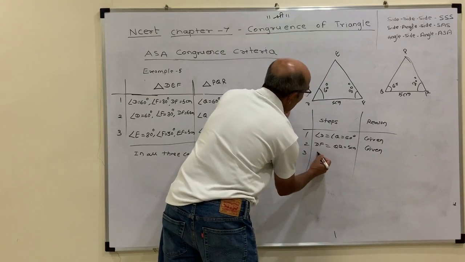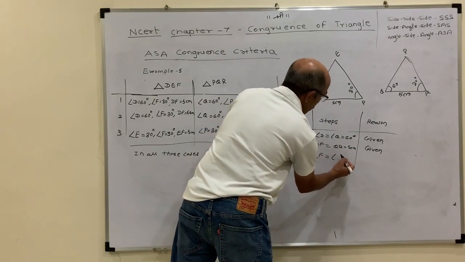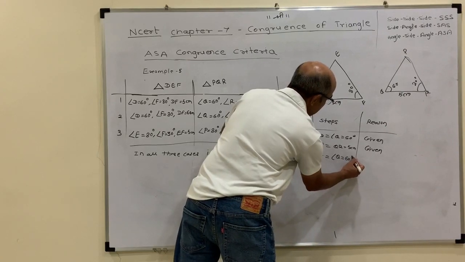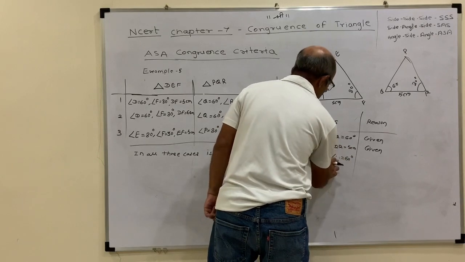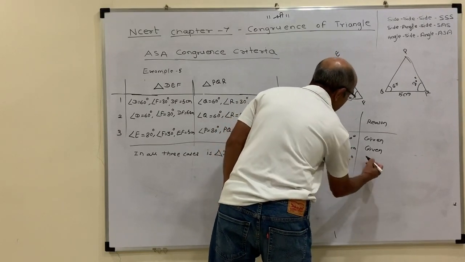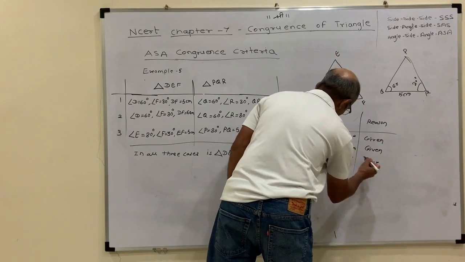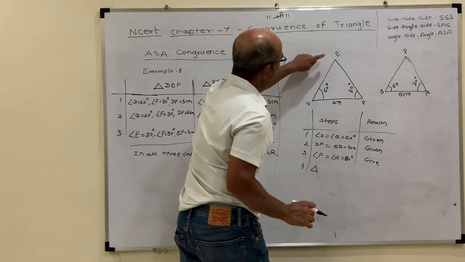And third, angle F equals angle R equals 80 degrees, which is again given. So we can say triangle. Now you have to be careful.